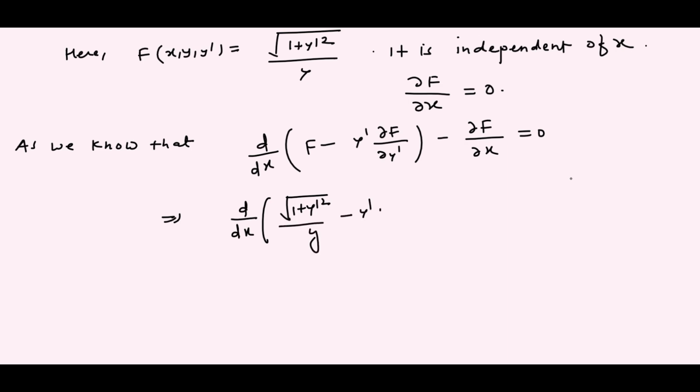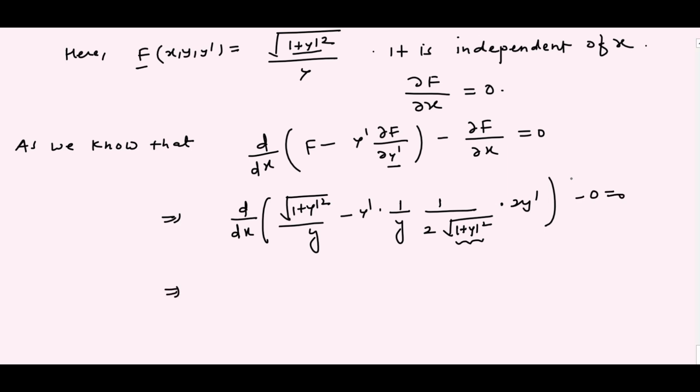Differentiate the given functional f with respect to y dash. So keep 1 over y as outside and differentiate the square root of 1 plus y dash square with respect to y dash. It will give 1 upon 2 times of square root of 1 plus y dash whole square. Differentiate this term with respect to y dash. It will give 2 times of y dash. Here will be 0 is equal to 0.